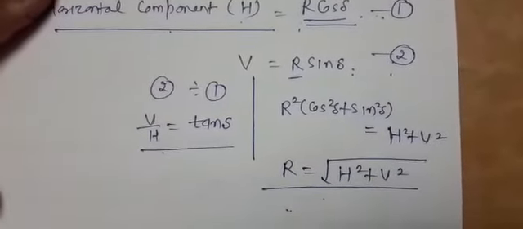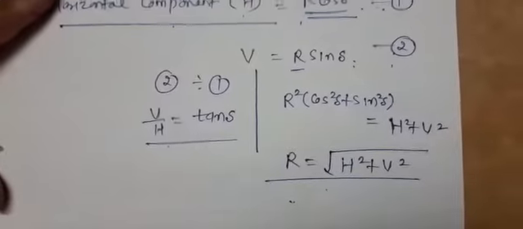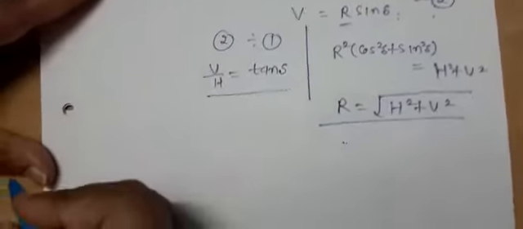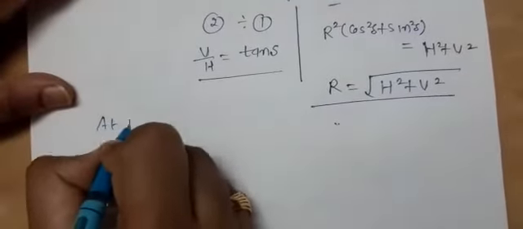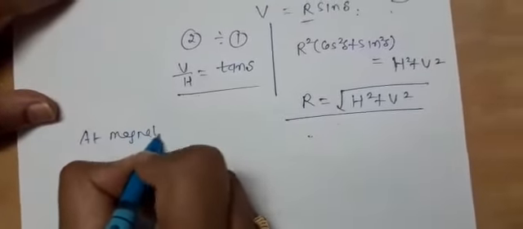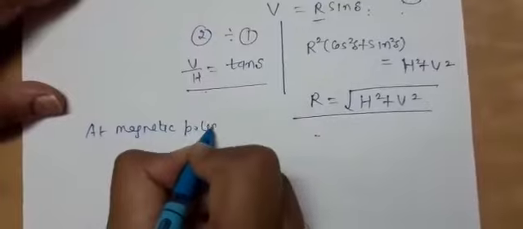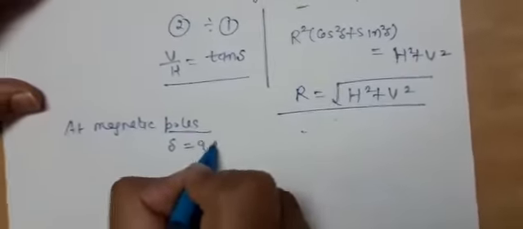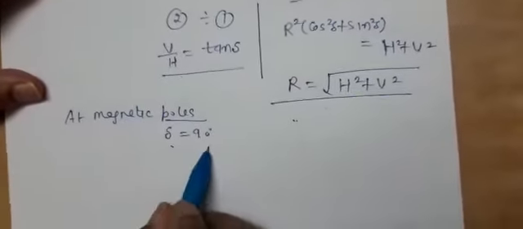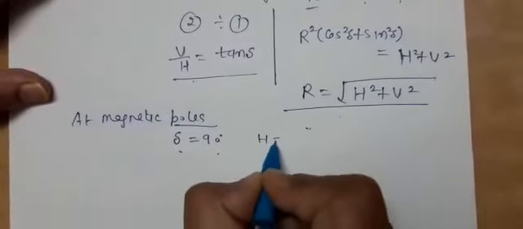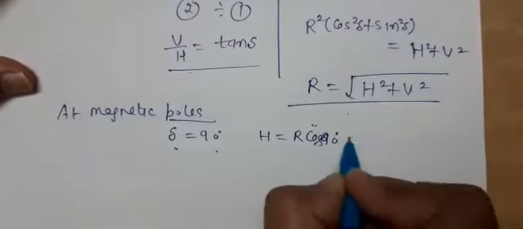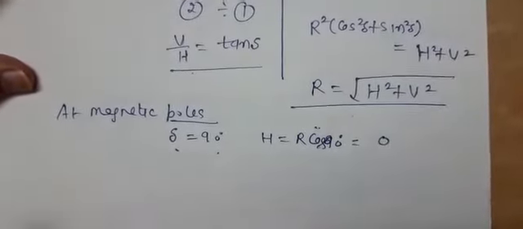Now there can be one conceptual point. This is important. Sometimes in 1 mark or 2 mark questions this discussion can be asked. As at magnetic poles, the dip angle is 90 degree. So corresponding to it, what will be the horizontal component? Will there be a horizontal component here? No, because cos 90 is 0.